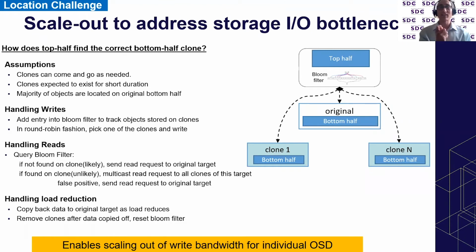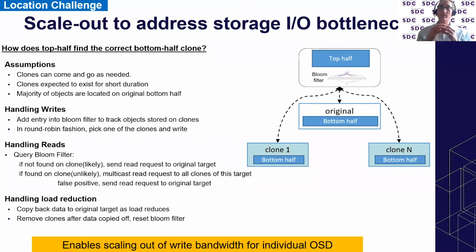If the Bloom filter says it's not found in a clone, and this is more likely because most object requests will be met from the original target, you send the request to the original target like before. If the Bloom filter says it is on the clone, then we multicast the read request to all clones of this target. Again, the same caveats that Yi mentioned earlier.